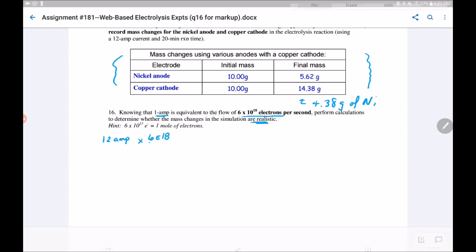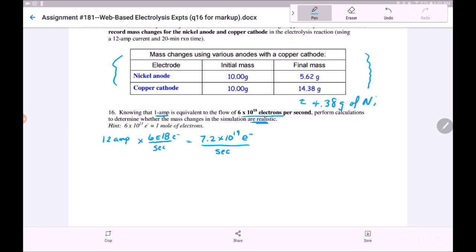That's 6 times 10 to the 18th electrons per second. And how many is that? Calculator should tell you 7.2 times 10 to the 19th electrons are flowing every second. That's a current of 12 amps.